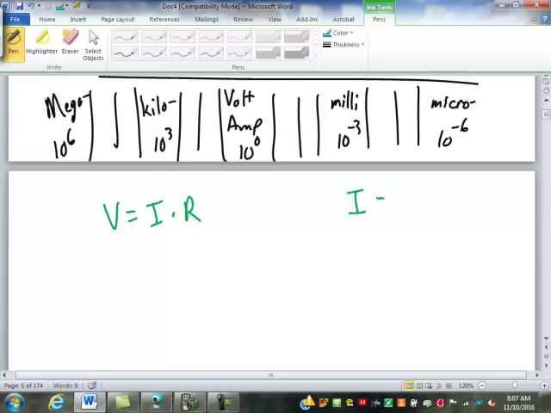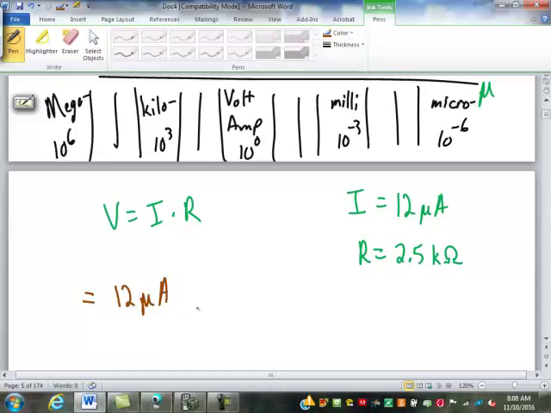So if I am told that my current is 12 microamps, that little mu, it looks like a U with a long tail, that's micro, and my resistance is 2.5 kilo ohms, that little upside down horseshoe is the ohms, so I'm going to be multiplying 12 microamps times 2.5 kilo ohms.